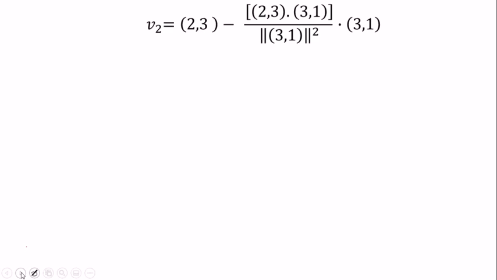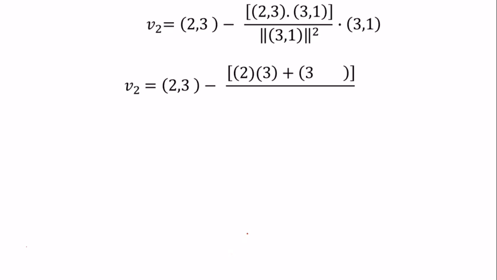So the first term remains the same, that is (2, 3), and to find the dot product we write 2 into 3, 6, and 3 into 1, 3. That is, v2 is equal to (2, 3) minus (2 into 3 plus 3 into 1) divided by (3 squared plus 1 squared), times the vector (3, 1).